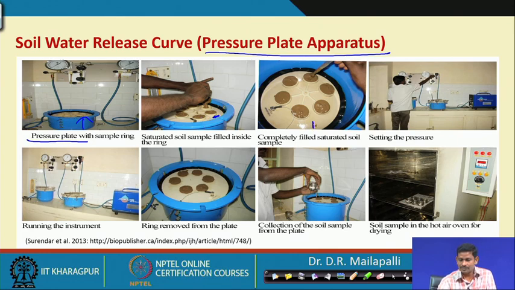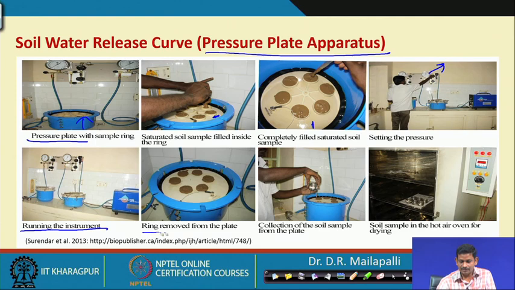These are completely saturated samples. Then you put the lid on top and screw it tightly, so there is no leakage, and you set the pressure here. Then you run the instrument, that means you keep the vacuum for overnight or 1 or 2 days.